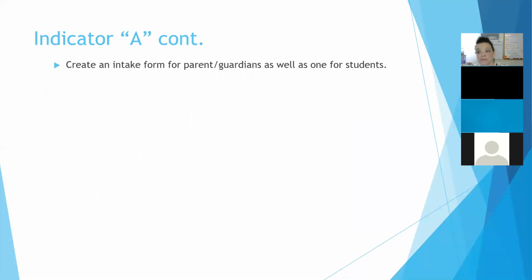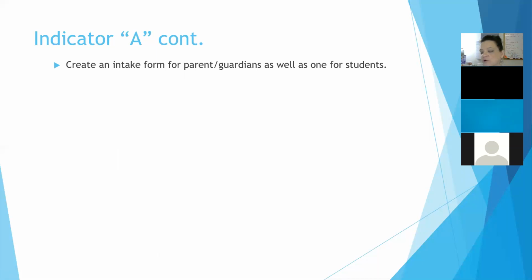So simple ideas, right? Create an intake form for your parents and guardians as well as your students, right? Take that first 5 minutes of getting to know you time and have them write some stuff down for you, even if it's things like favorite movie, favorite snack, music I like to listen to, bands I'm into right now, games I'm into right now.